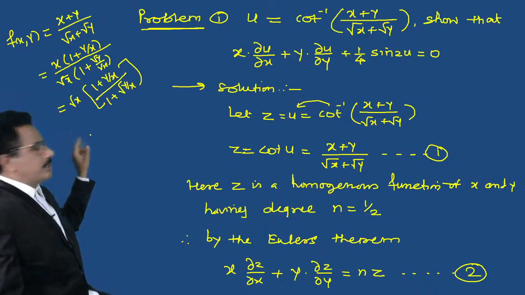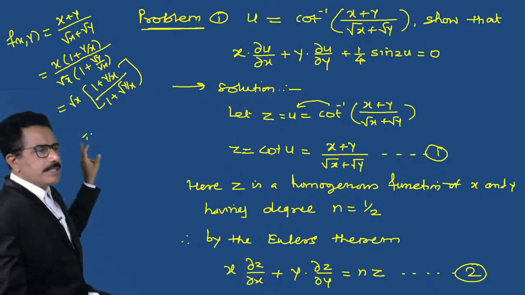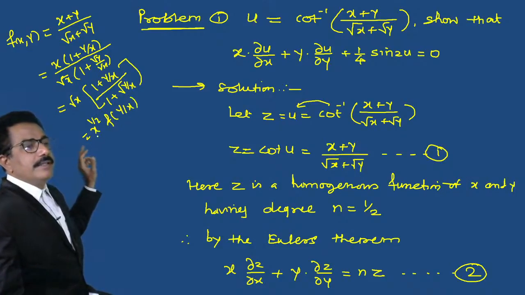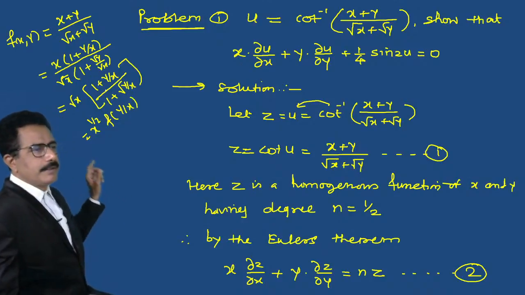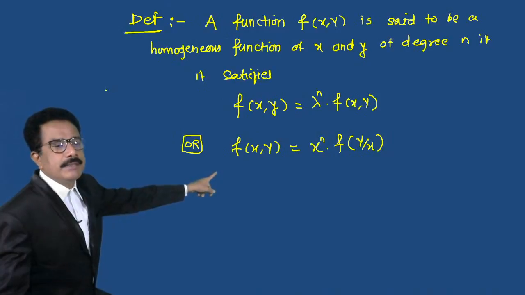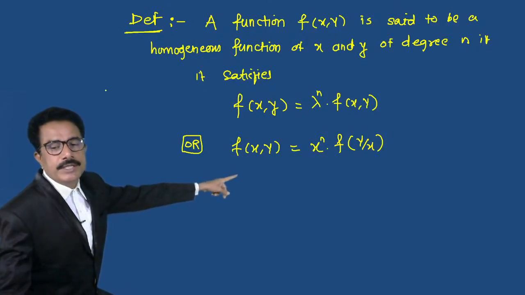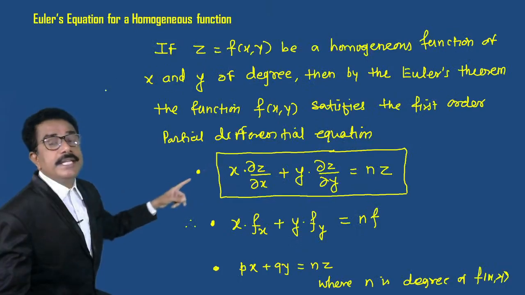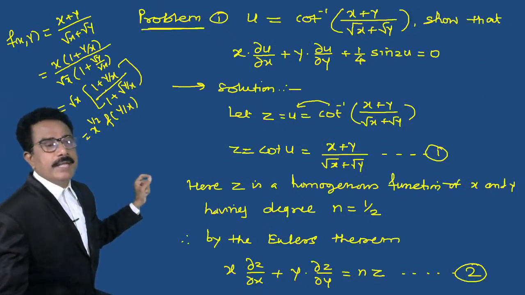हा म्हणजेच आपण असं लिहू शकतो, we can write root x means x raised to 1 by 2 f of y by x. आणि जर फंक्शन f of x comma y which is expressed in terms of x raised to n into f of y by x, then n is called as a degree of that homogeneous function.